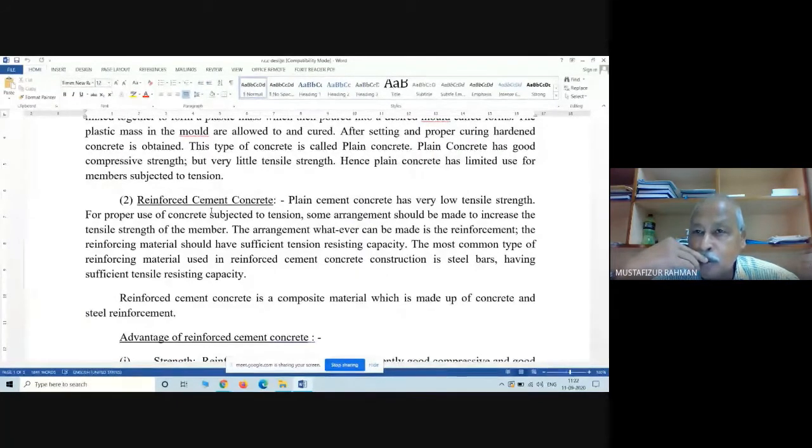How is tension going to occur? That is the problem. Again, in your strength of materials or applied mechanics you studied the bending stress distribution.